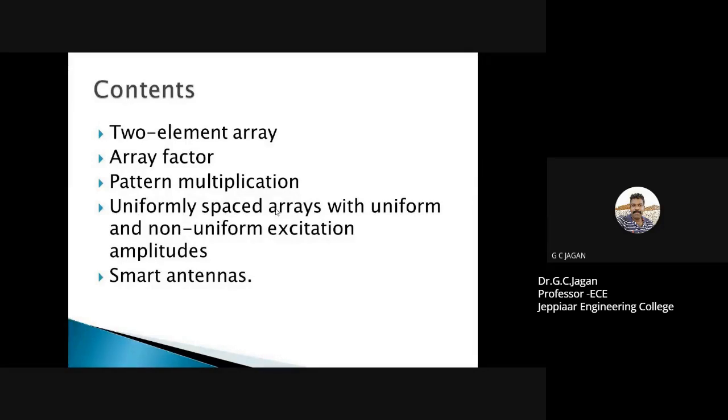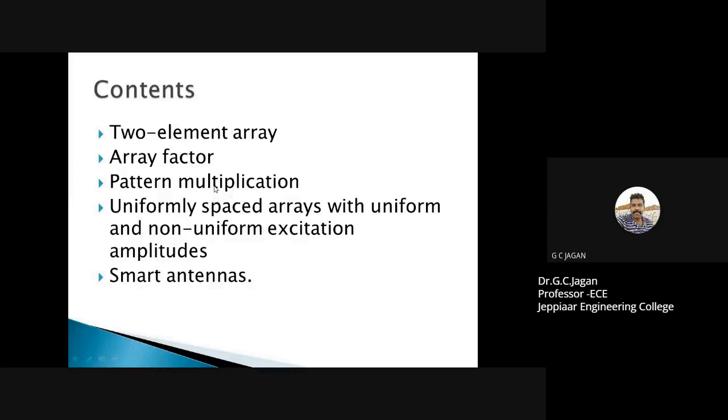Also, we need to study n element array. Uniformly spaced arrays with uniform and non-uniform excitation is actually n element array. Then the parameters like array factor and pattern multiplication we also need to study here.